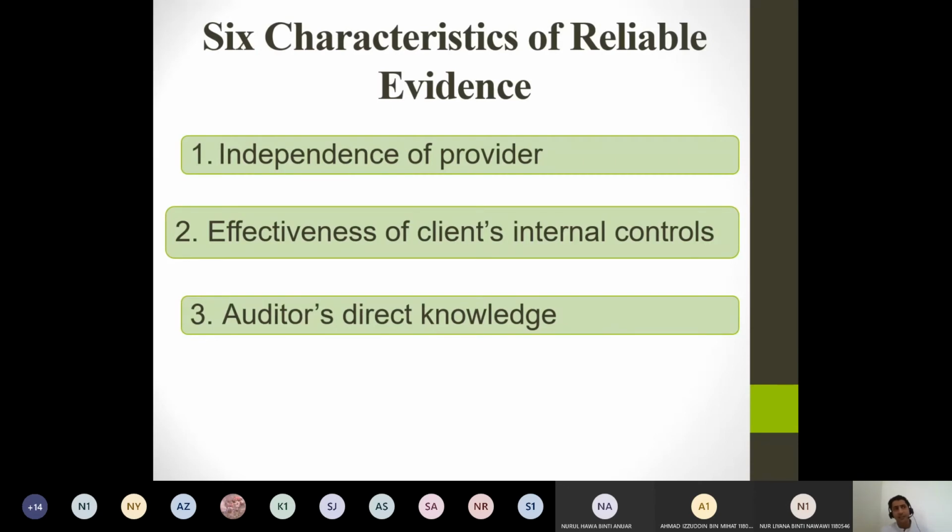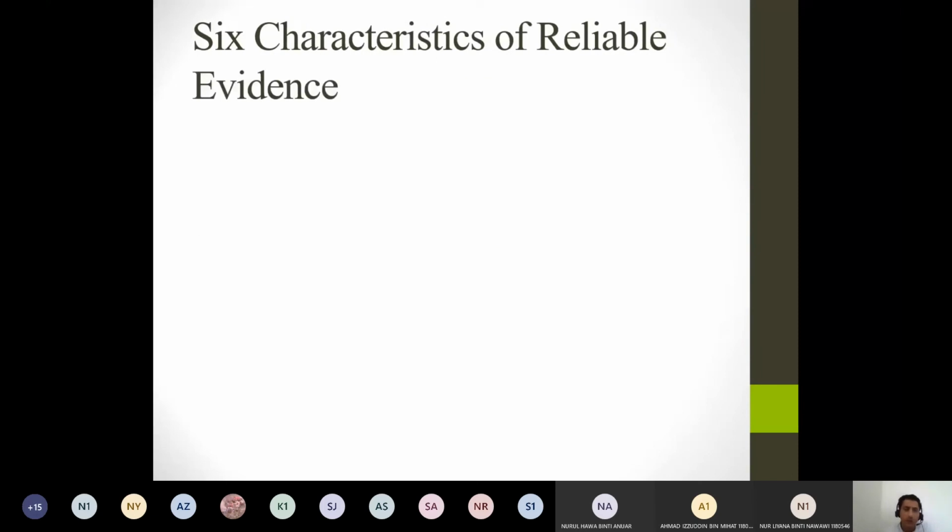Let's say in the previous year we got experience as an auditor that this client has a problem or issue of non-segregation of duties, let's say within the accounting department. So in that case, from our experience, we consider the reliability of evidence is not that effective.